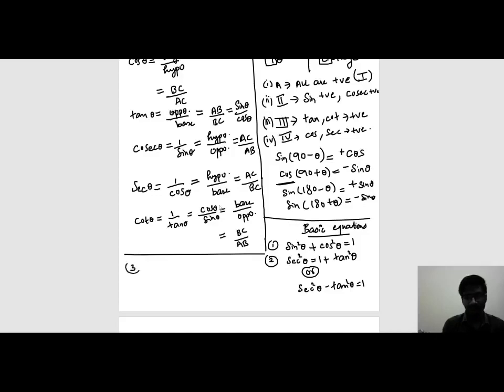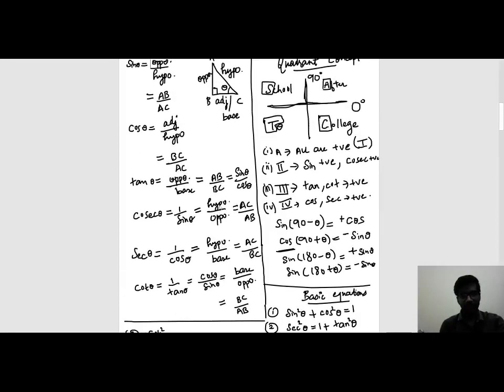And the third equation is cosec square theta, or you can write it in the opposite way.